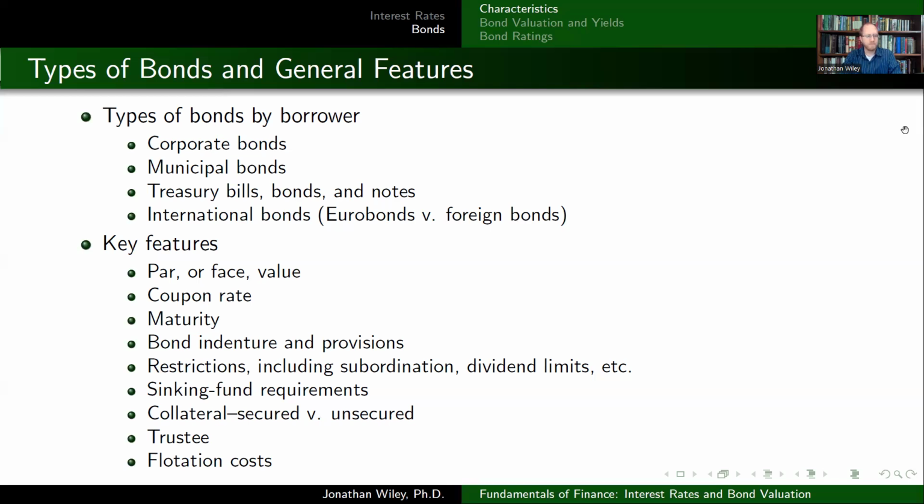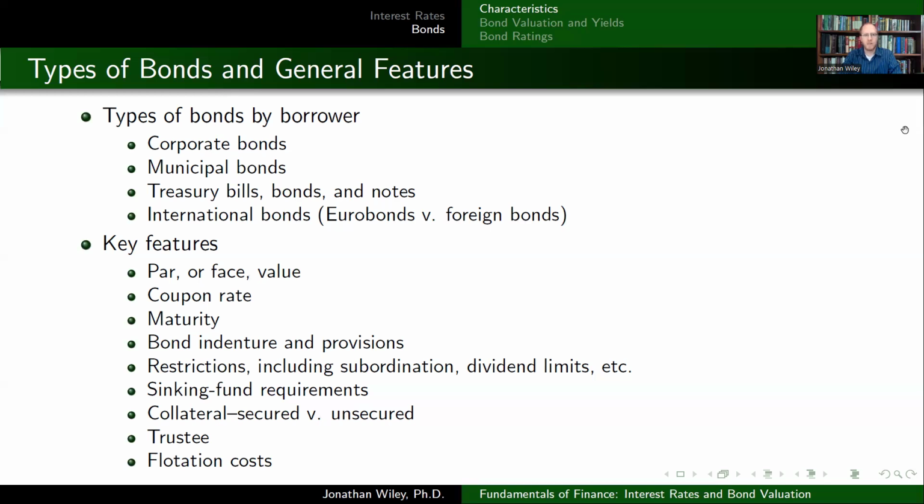You could have collateral specified for a bond. If you think about it, the lenders generally have a claim on the assets of a firm. But some loans are secured by specific collateral, so they have specific assets that are pledged to back the loans.